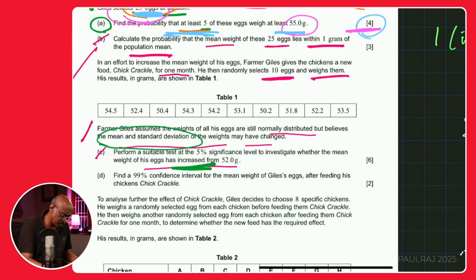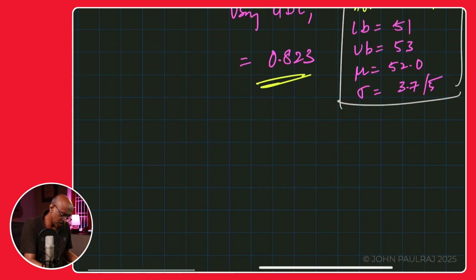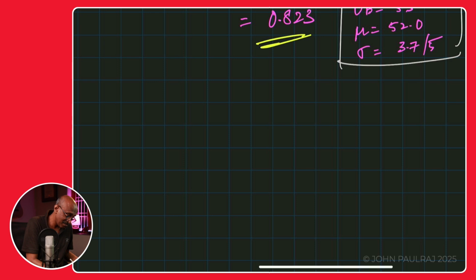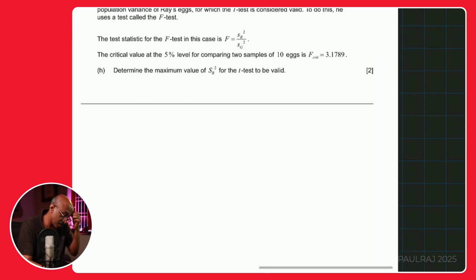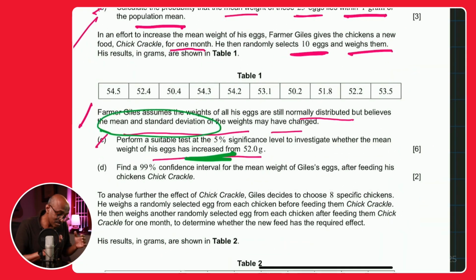So this is 2C. Let me read again what they are asking. This is what I meant by going back and forth. Read the question again and again.